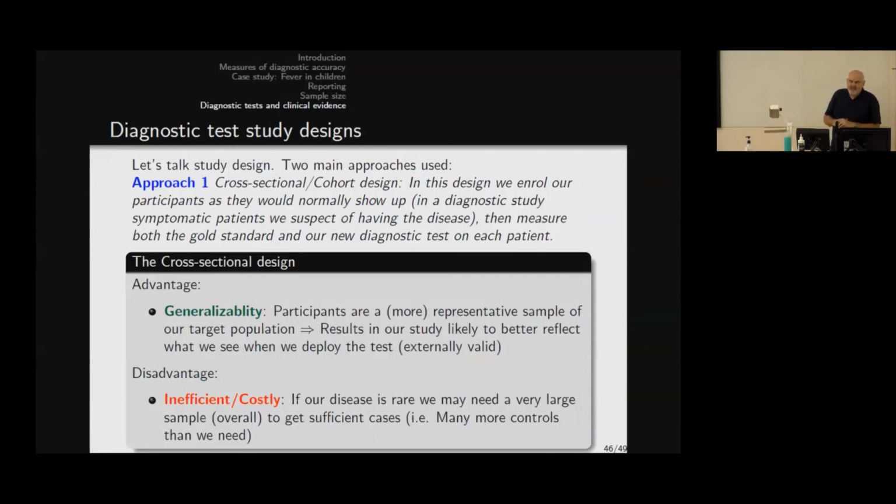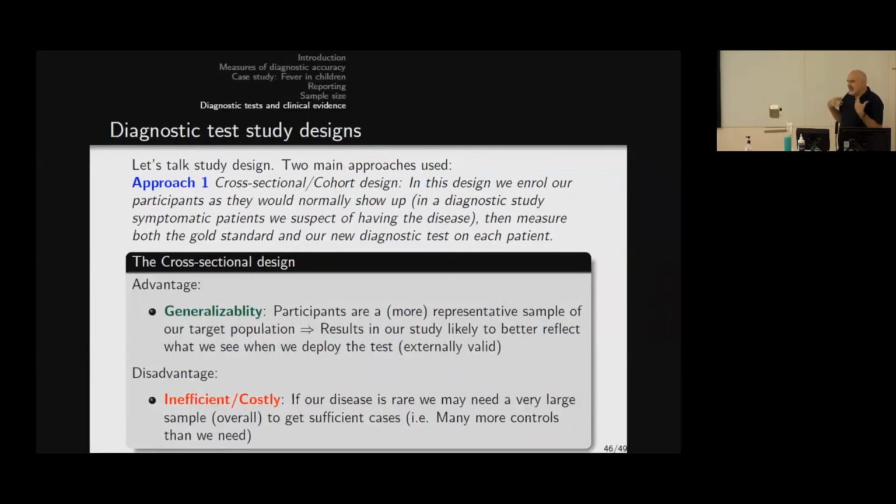The disadvantage of this cross-sectional or cohort design approach is that it's inefficient and costly. If our disease is rare, we may need a very large sample overall to get sufficient cases.